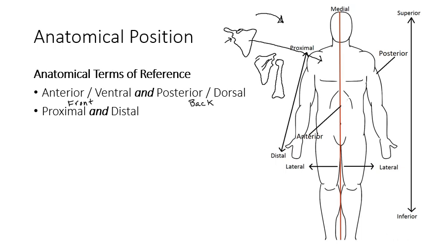And again, remember, we're looking at the dorsal view here. We're going to say that the proximal end of the humerus, or the humeri, is closer to the head, whereas the distal, so we can put a proximal up here, the distal refers to the portion of the bone that's further away from the head.